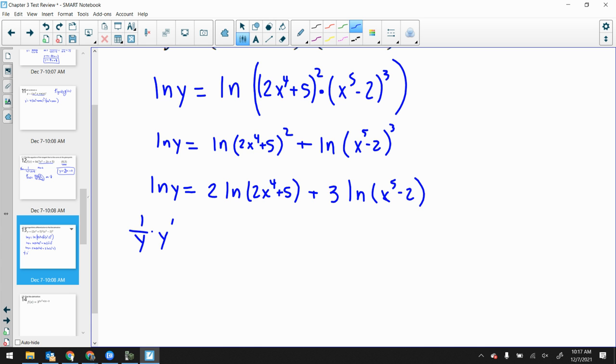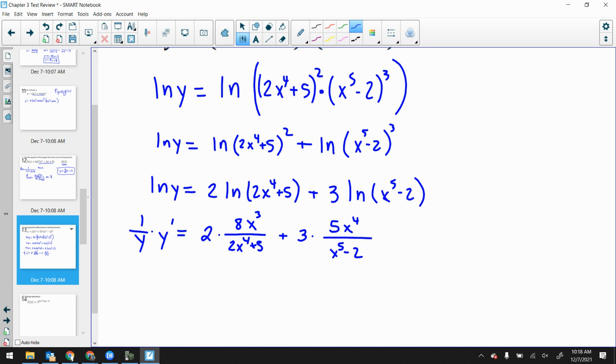And now on the right side, it's 2 times the derivative of this piece. Now remember, we just went over that rule about ln. You take the derivative of the inside divided by its original. 8x cubed over 2x to the 4th plus 5 plus 3 times 5x to the 4th over x to the 5th minus 2.